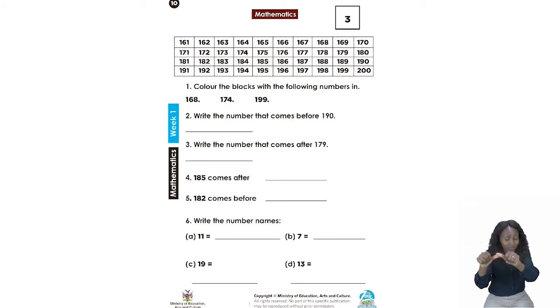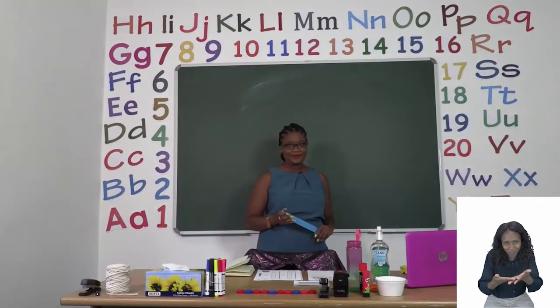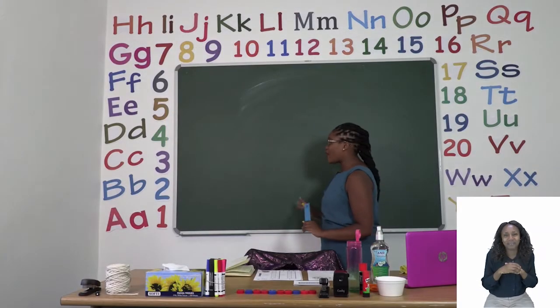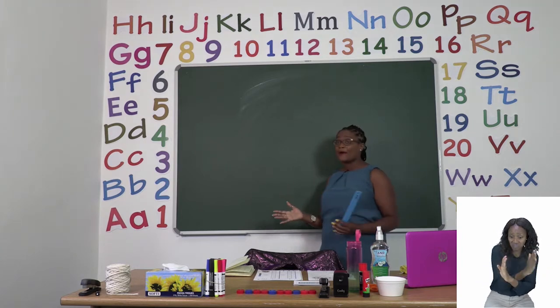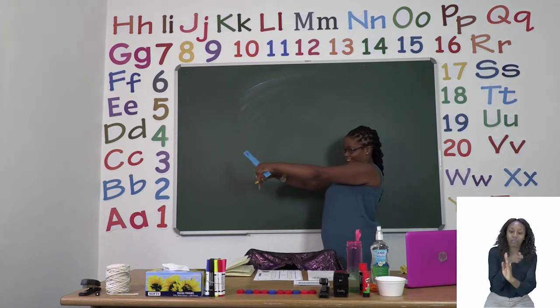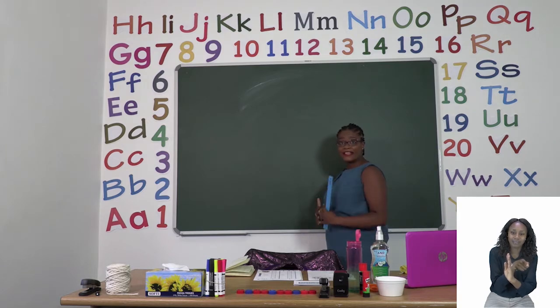You are going to use the number line at the top to answer number 1. For number 2, however, I think you might need my help. So let's take a look at the board. Now, when we are talking about before, we mean that it is the number in front of the number we have been given.